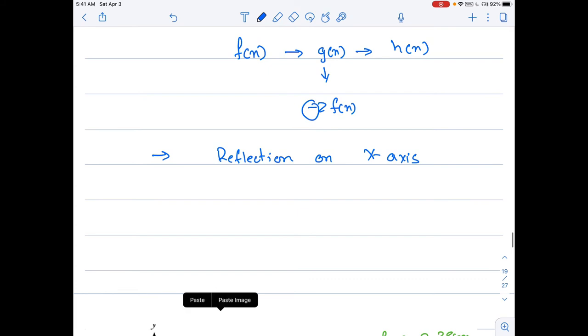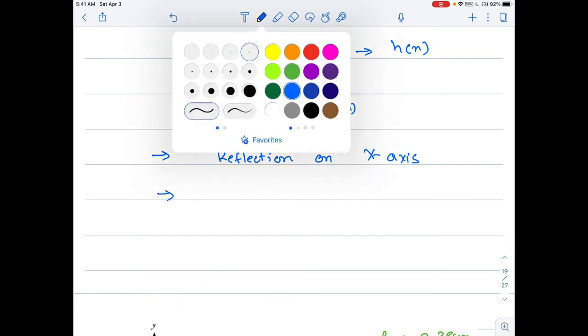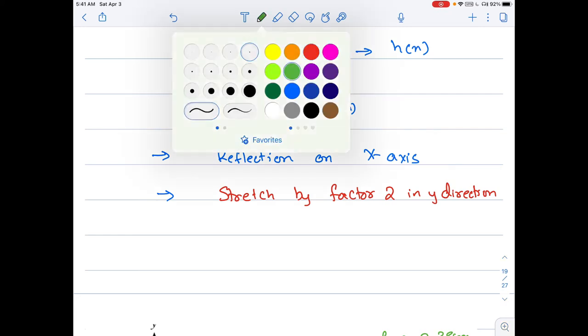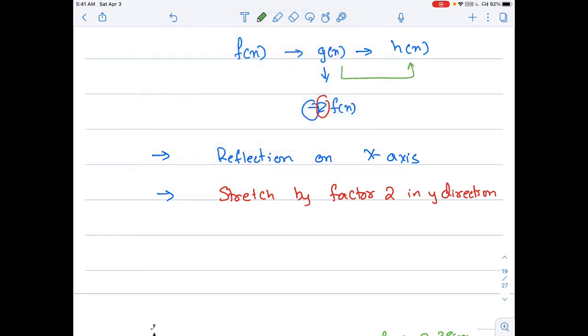Then because of that 2, it means stretch by factor 2 because I'm multiplying it by 2. So stretch by factor 2 in the y direction. That is still g of x. Now I want from g of x to h of x. What is g of x to h of x?